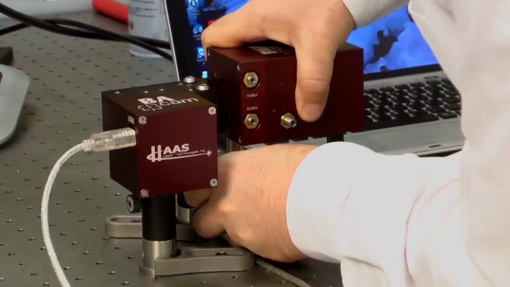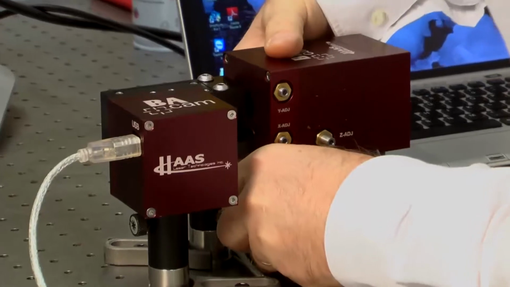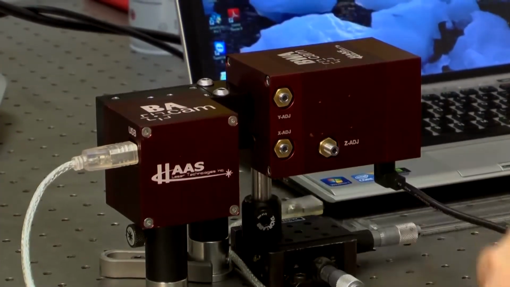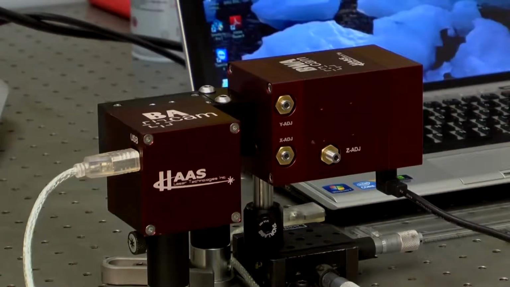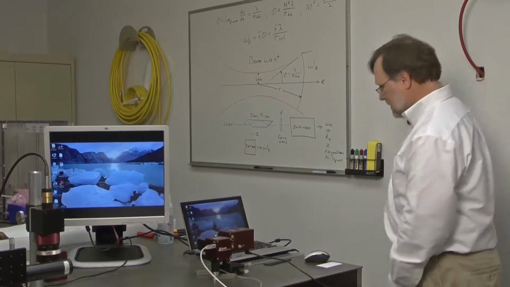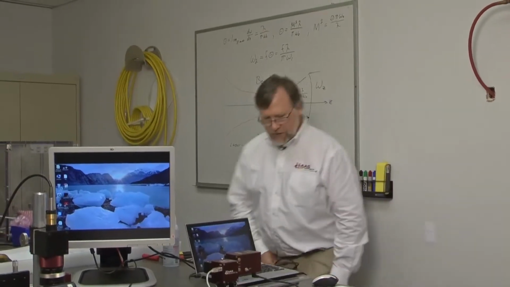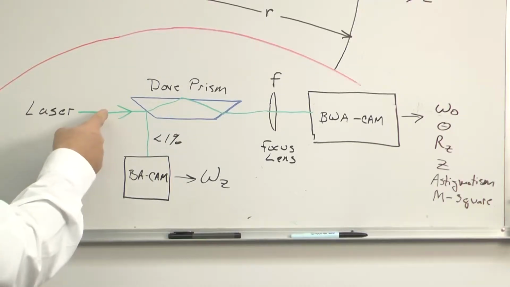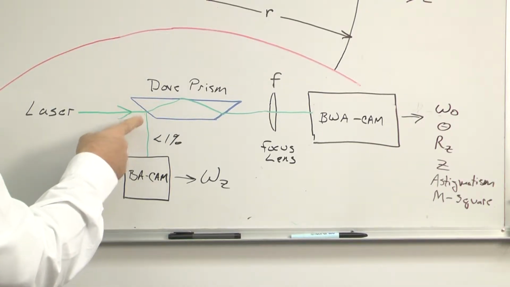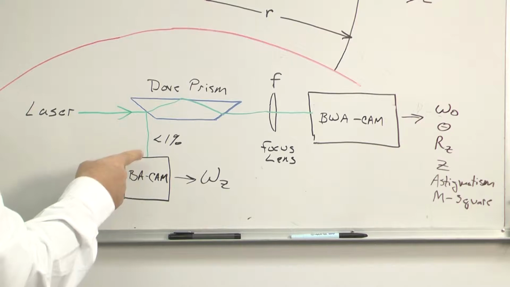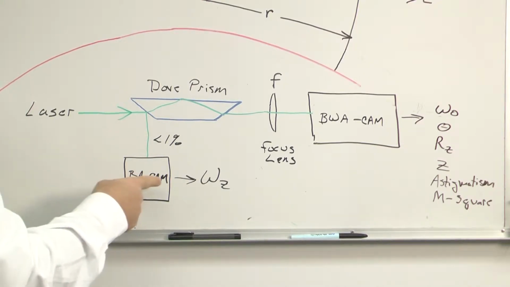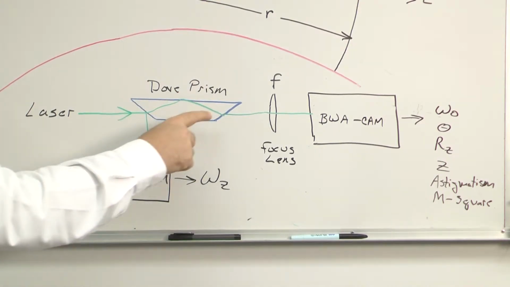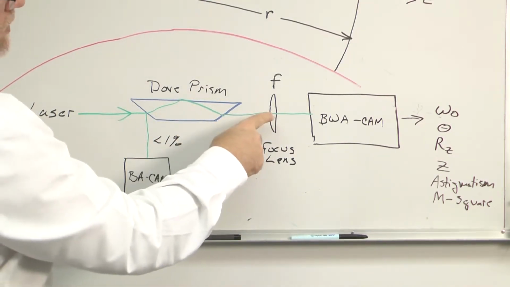One advantage to the Haas system is that there are no moving parts in this measurement, so the M-squared, once measured, is instantaneous. And let me just graphically show on this board what this setup is. So we have our laser beam, in this case a helium neon laser, into a dove prism where the first surface reflection, less than 1%, is directed into the beam analyzer camera, where we're measuring the raw beam diameter profile of the helium neon laser.